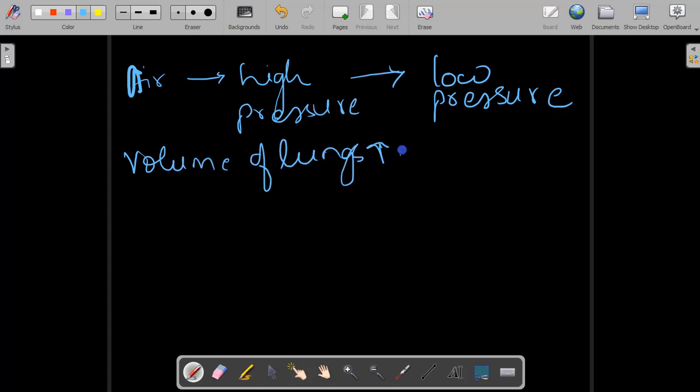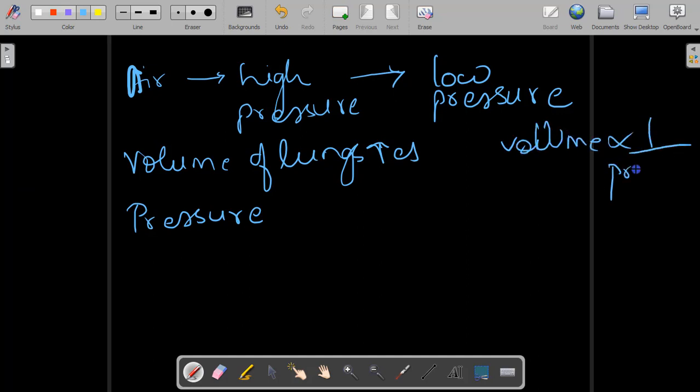I just put a sign here, increases. If the volume increases, what will happen to the pressure? Since volume is inversely proportional to pressure, if volume increases, pressure will decrease. If pressure increases, volume will decrease. Here the volume is increasing, hence the pressure decreases.